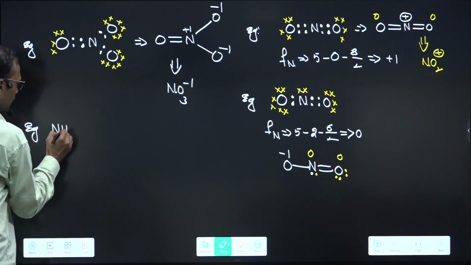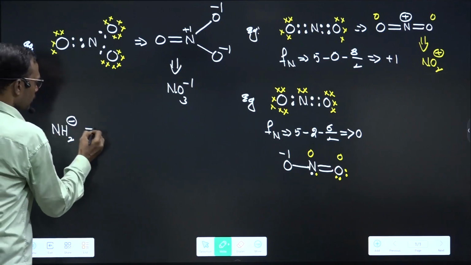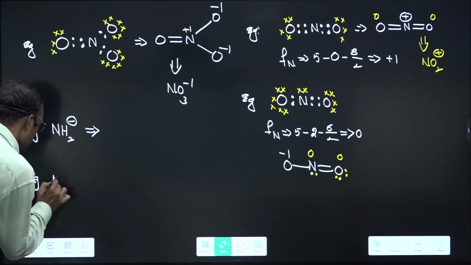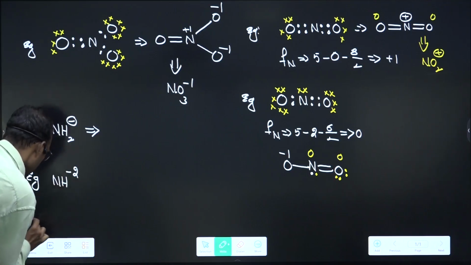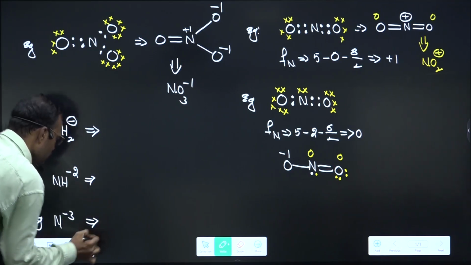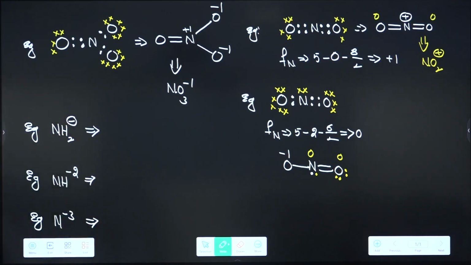So I am giving NH2 minus. Write down the Lewis dot structure for NH2 minus, NH minus 2, N minus 3. Write down the Lewis dot structures of these 3. How to write Lewis dot?